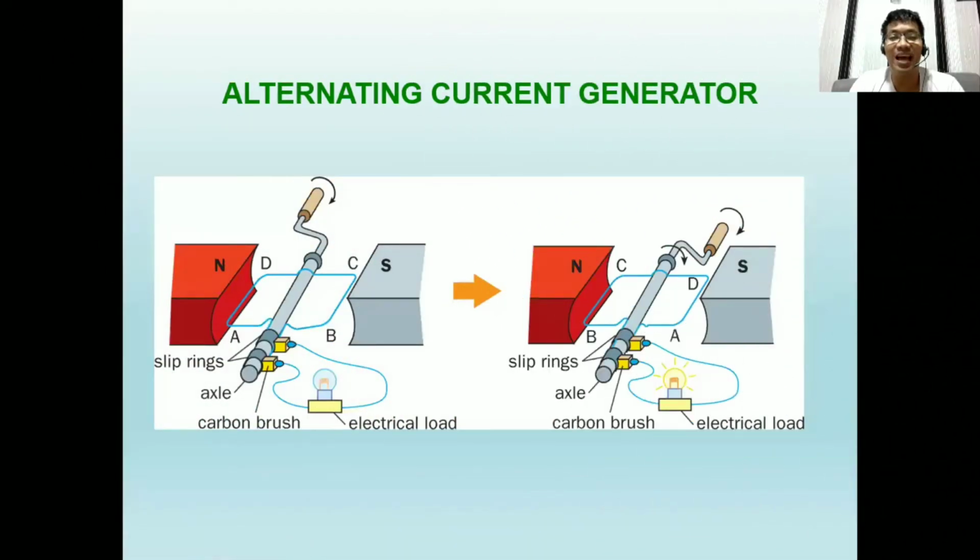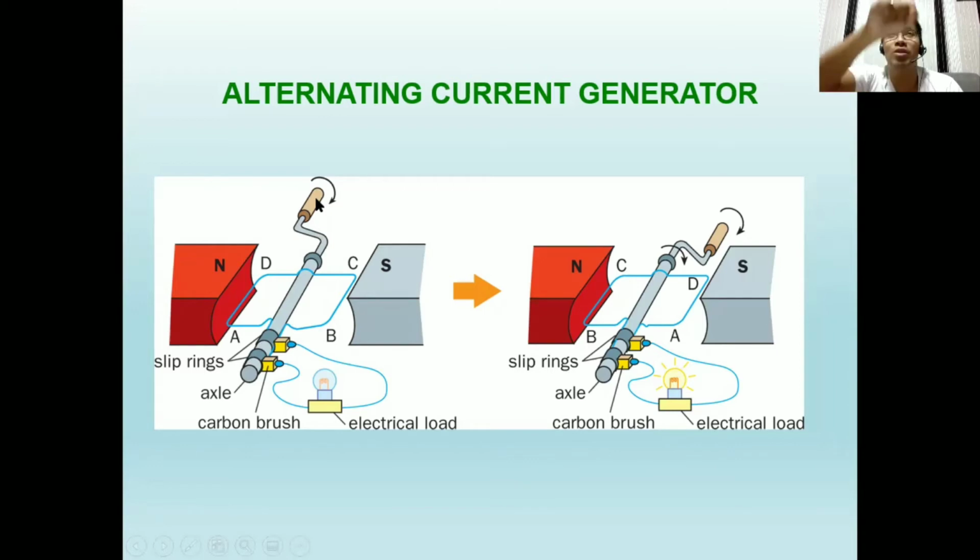So basically, this is our setup for the AC generator. Like what we discussed a while ago, the components are here. The rectangular coil or the armature is labeled A, D on the side, then C, B on the other side. At tulad ng sabi ko, this system is connected to an external output, and in this case, our electrical load is a light bulb. Kung nakikita ninyo, ang rectangular coil ay nakakonekta sa isang handle.